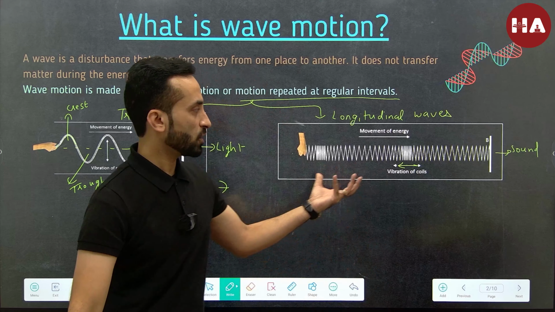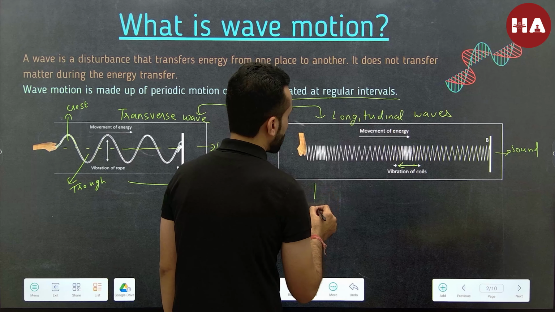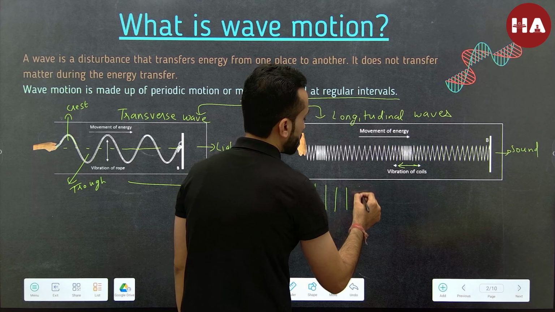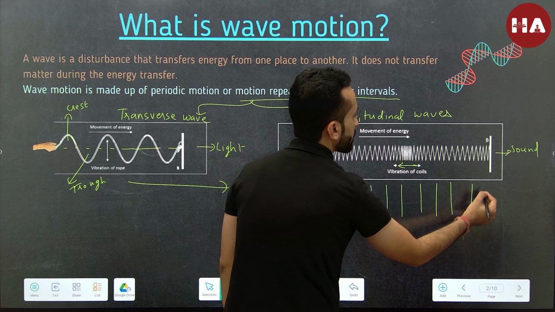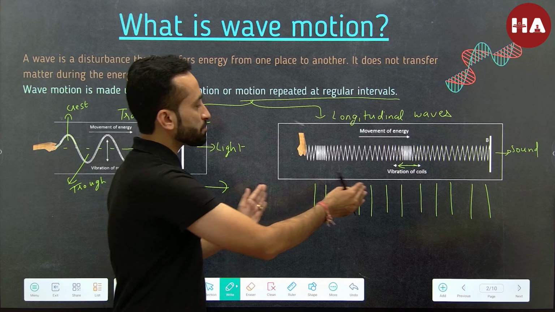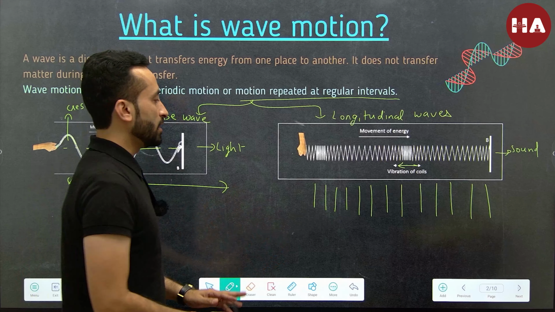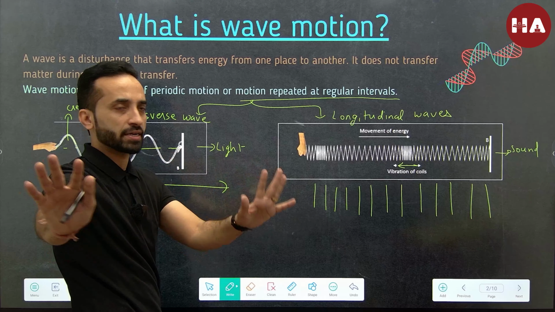Okay. What about here? So imagine if I tell you that this was the situation of particles. Okay, I am making equally spaced particles, roughly. Now these particles start oscillating, right? So here they were oscillating perpendicular, here they are oscillating in the same direction.